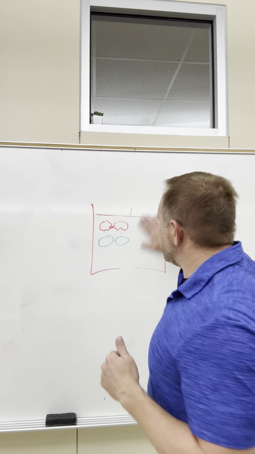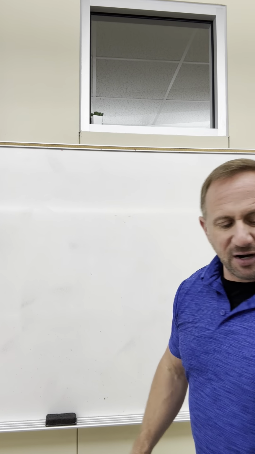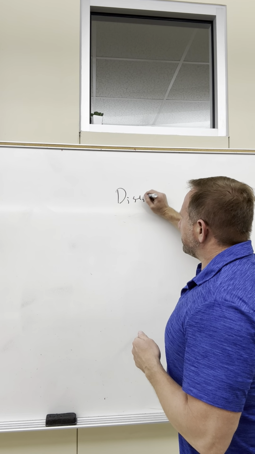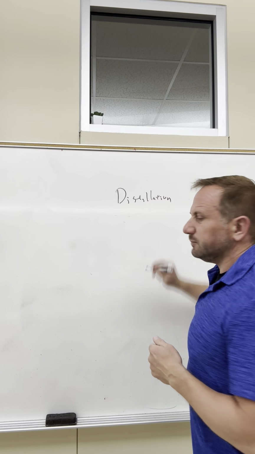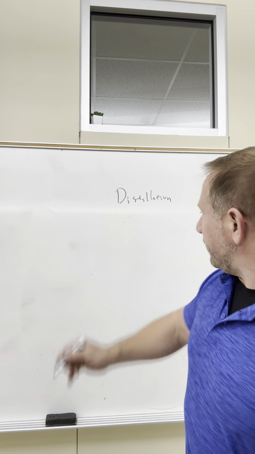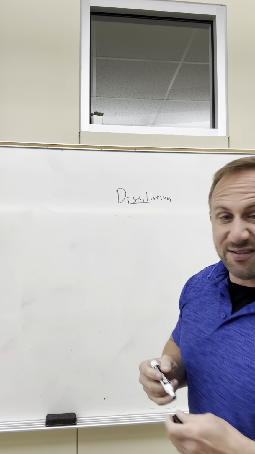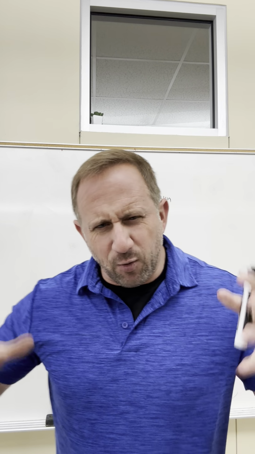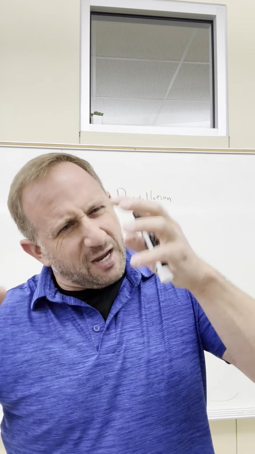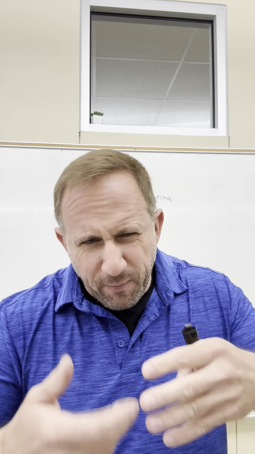One of the processes where we use this is an idea called distillation. A perfect example of distillation is a still. Back in the day, when people were making alcohol, moonshine, in the backwoods, they would take fruit or whatever it was and ferment it with yeast.